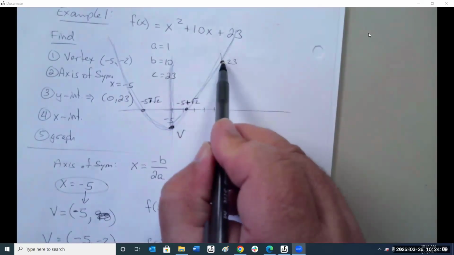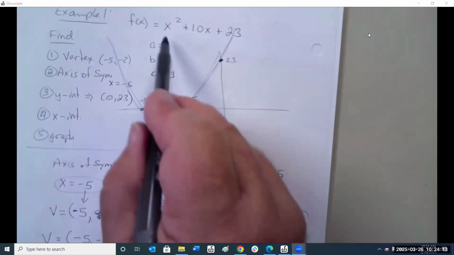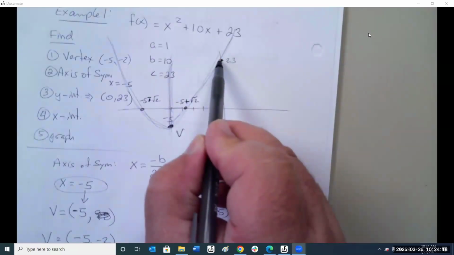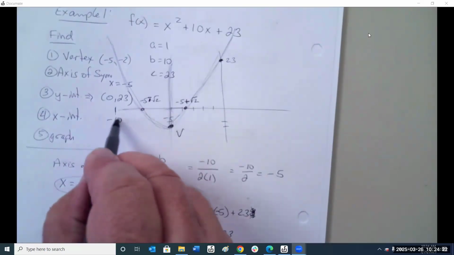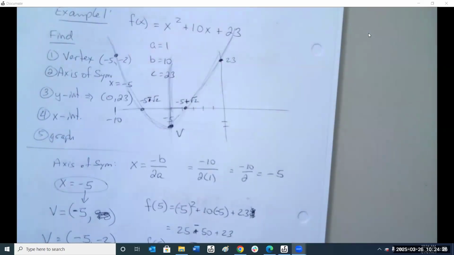We have a point here that's from the axis of symmetry, it's 5 units this way and 23 up. So I can go the other way. I can go 5 units this way, which makes it -10, and go up 23. Because it's symmetric.